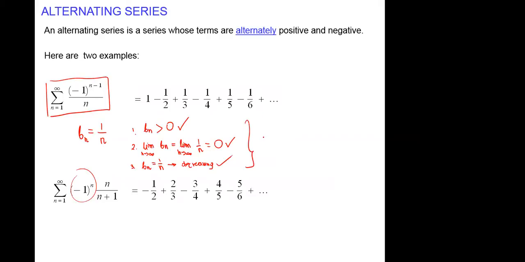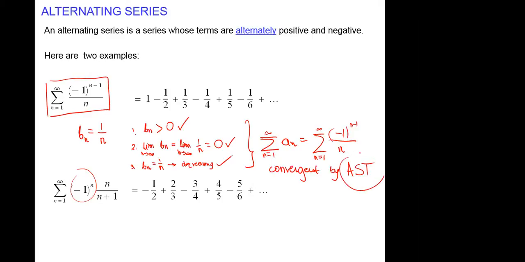I can say that my original infinite series, with the -1 to the power of n or n minus 1, is convergent. And we call this the alternating series test.